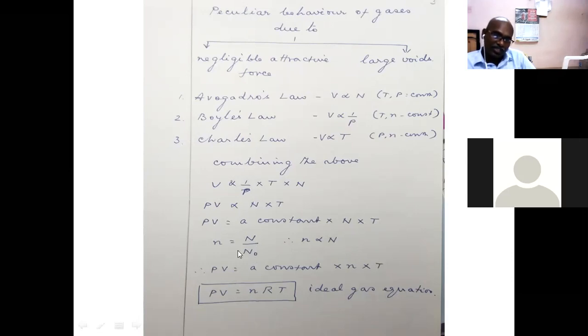It is N by N0, which means N is the number of molecules divided by Avogadro number, N0. Therefore, n is proportional to N, so that can be replaced. Therefore, PV is equal to nRT, where R is the constant. That constant is called the universal gas constant. So PV is equal to nRT is the ideal gas equation. This is how the ideal gas equation has been derived.